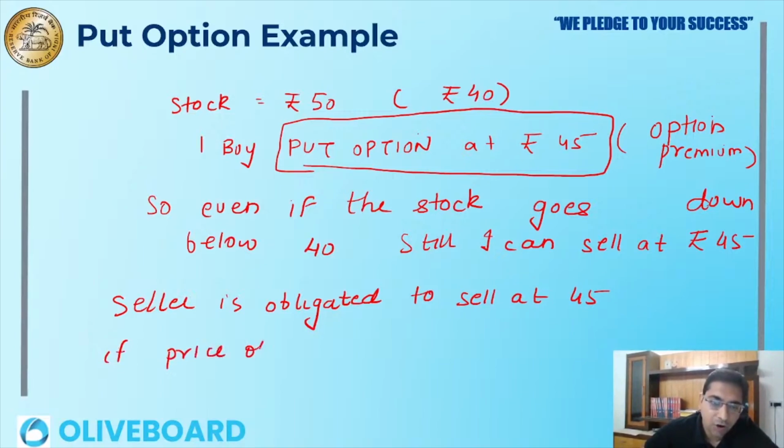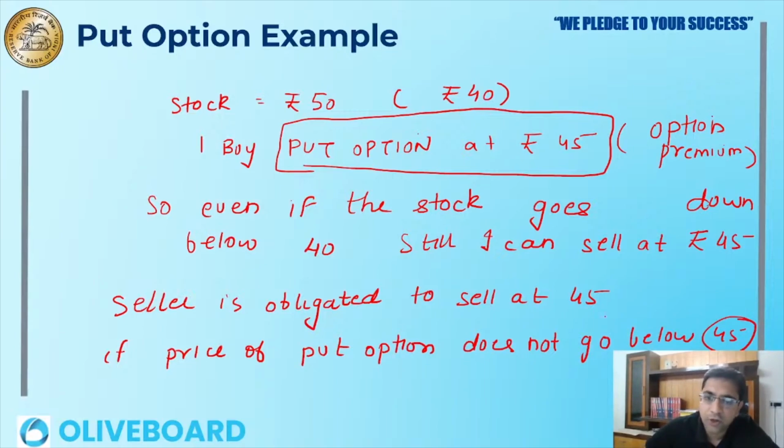But if the price does not go below 45, your put option becomes useless, because you cannot utilize the price differential. You have bought the put option at 45 and the price still remains at 45, so you cannot utilize that option.